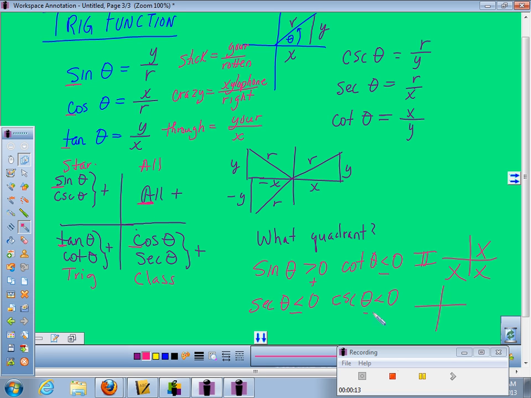Well, it can't be the first because they're positive there. It can't be the fourth because secant's positive there. And it can't be the second because cosecant's positive there. So therefore it's got to be the third. That's all you got left.